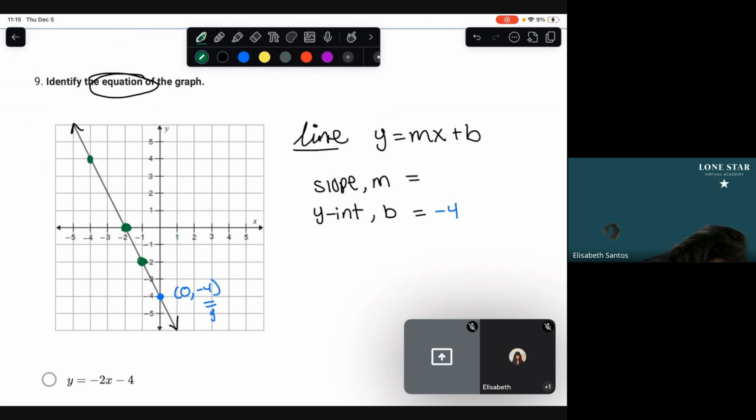So we can just do this 1, 2. It's going 2 down and 1 to the right. And since it's going down, there's a negative. It's going to be -2 over 1, because remember it's rise over run. And so our equation, when you fill that in, is y equals -2x minus 4.